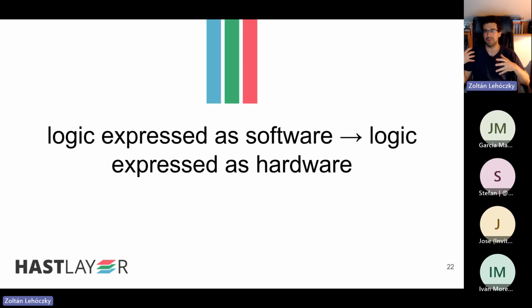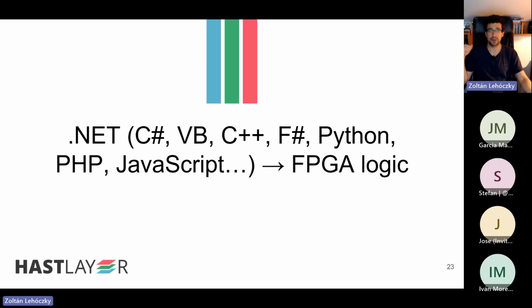Or we could say that we take the logic which was previously expressed in software form, and we try to create equivalent logic that computes the same thing in hardware form. And of course, we are not just talking about any software, but .NET. It's actually .NET, not just C#, because Hastlayer processes the .NET assemblies. It decompiles the .NET assemblies, and because of that, not just C# can be used, but any .NET-compatible language.